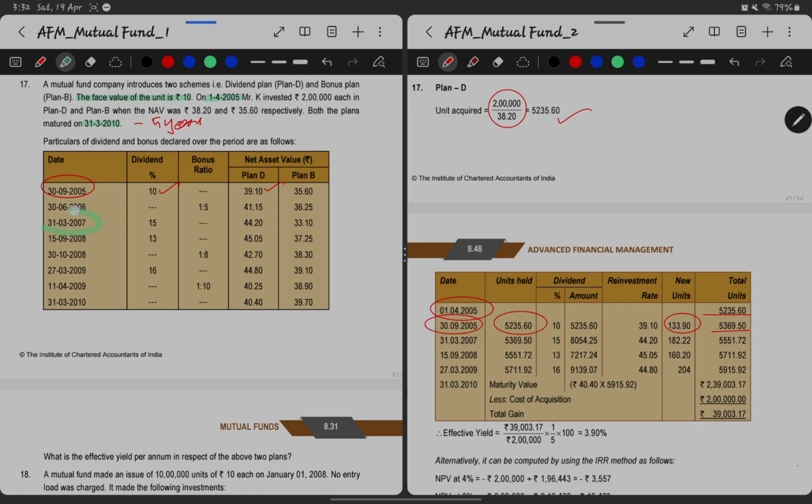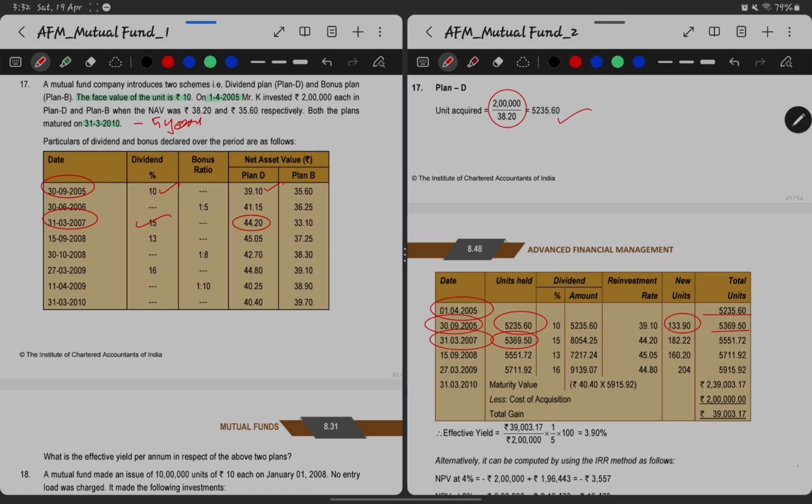Then the next dividend is issued on 31/3/2007. So 15% issued on 31/3/2007, and the balance unit is 5369.50 multiplied by 10 multiplied by 15% will give us 8054.25, and the NAV as on the dividend date is 44.2.